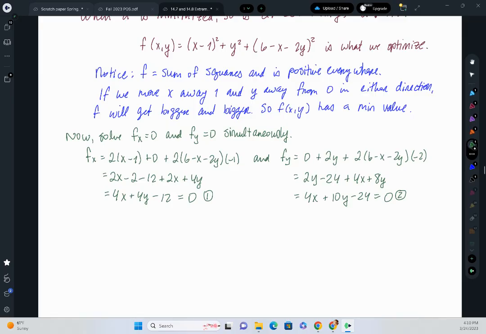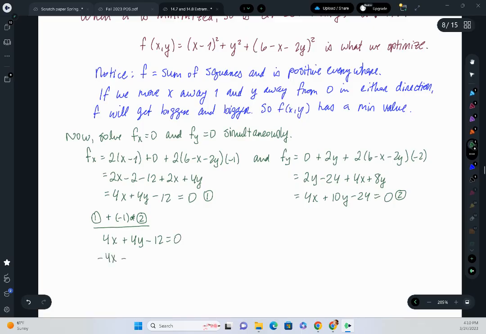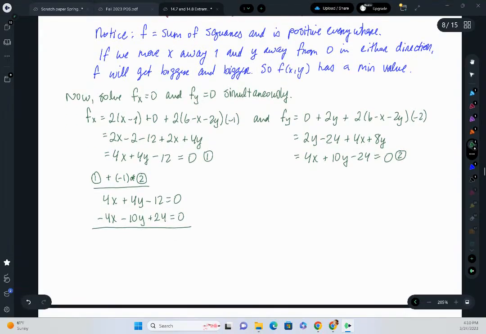So if I do the first equation plus negative 1 times the second equation, then what I'm looking at here is 4x plus 4y minus 12 equals 0, and minus 4x minus 10y plus 24 is equal to 0. I add these two equations to get negative 6y plus 12 is 0, so y will equal 2.